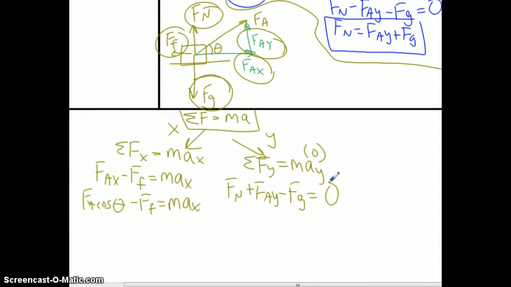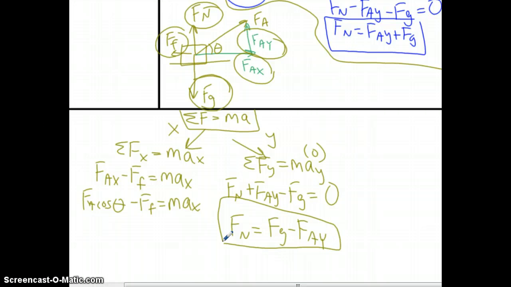Let's solve this for normal force and compare it to the previous problem. What's the difference? Plus and minus. You're subtracting now. When you pull an object like that, you're pulling up on it, you are separating the objects a little bit.